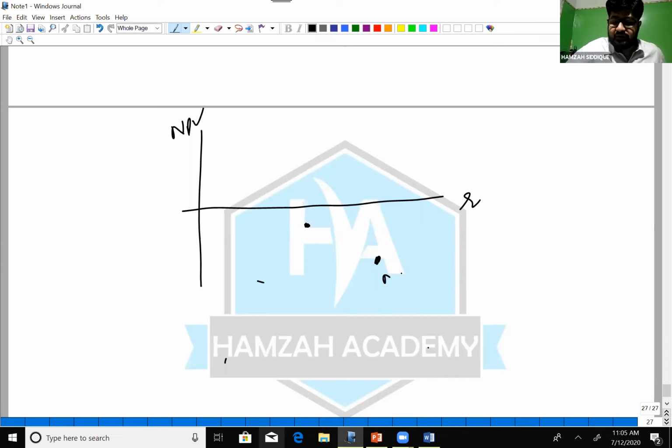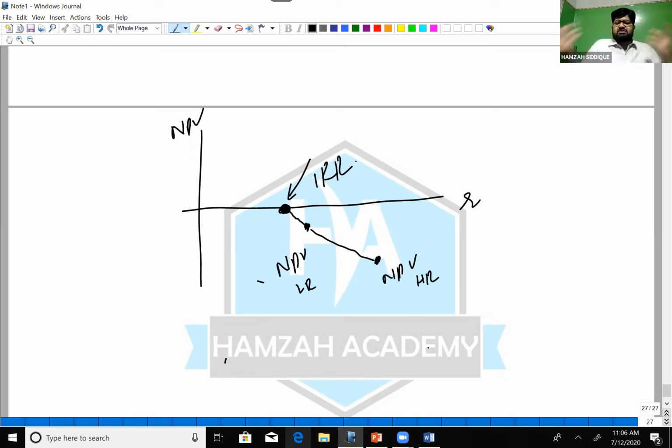This is NPV at a higher rate. So just joining this, this is the point at which NPV is 0. This is IRR. Again, extrapolation. Finding a point beyond 2 points. Again, extrapolation. Friends, are these two graphs clear to you? How IRR is found? These two graphs are clear.